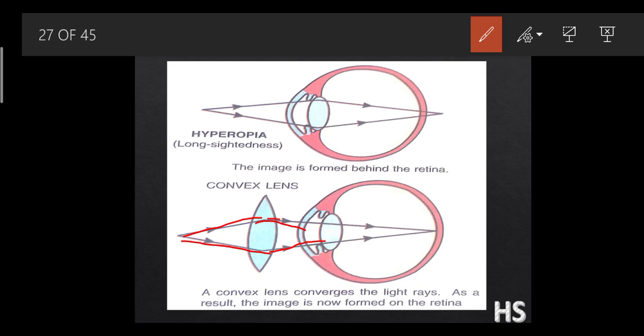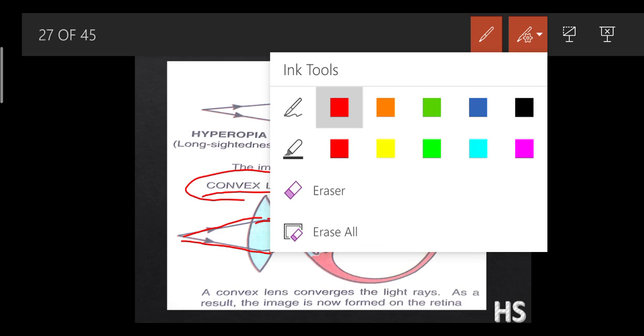Now the image will come nearby, and you can easily visualize the object on the retina. Long sightedness often occurs in old people, around 40 years of age, who prefer to use a convex lens.